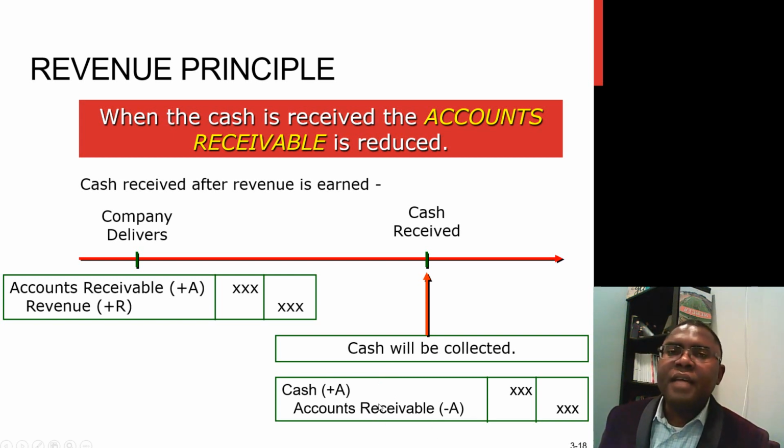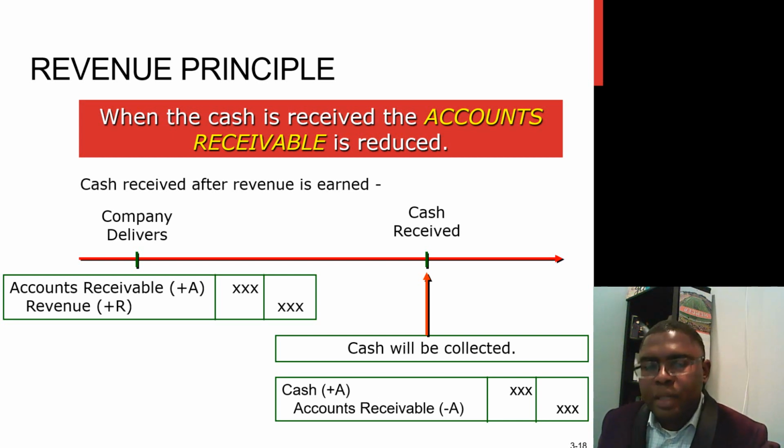When we receive cash, the two accounts that will be affected are the cash account and the accounts receivable account. So cash is coming in, cash is increasing, and accounts receivable is going to reduce because our accounts receivable was there, suggesting that we are expecting payment in the future. Now, when the payment comes in, our accounts receivable is going to reduce.